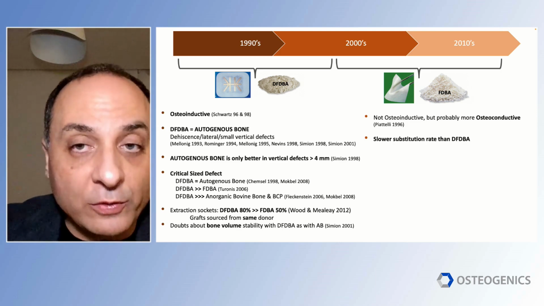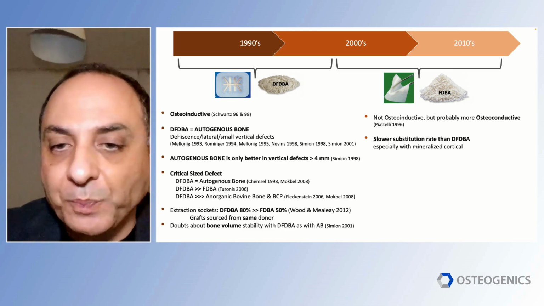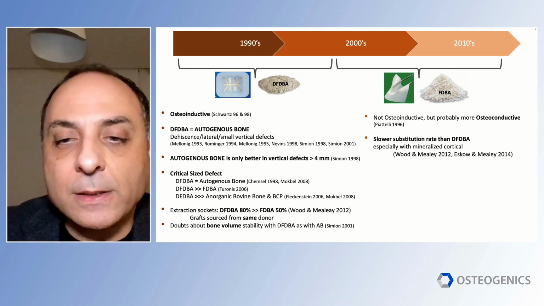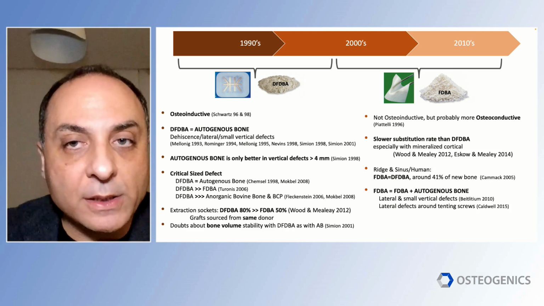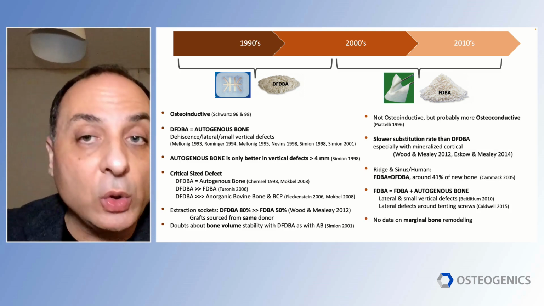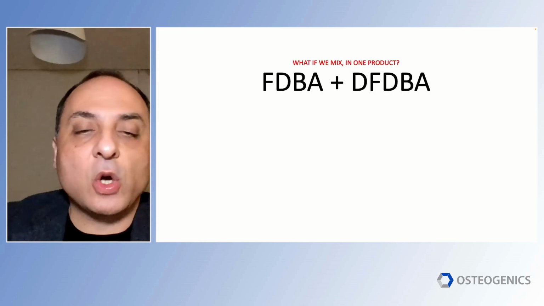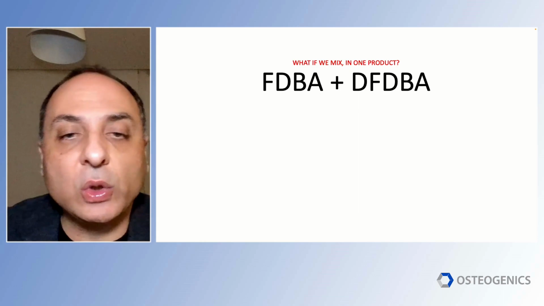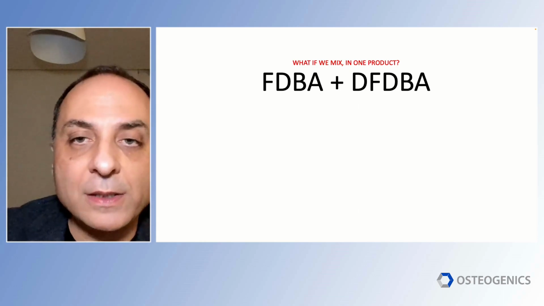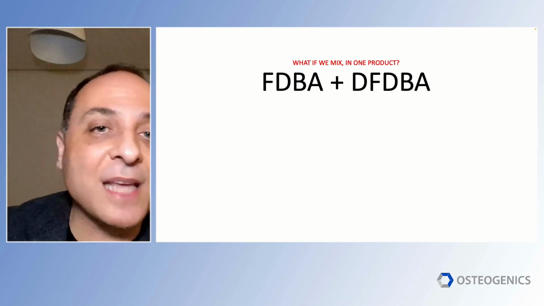So we have two different kinetics, two different dynamics between the two. It was tested in different clinical scenarios, and the outcome was great, and there is also no data on marginal bone remodeling with FDBA. So each one has its own advantages.